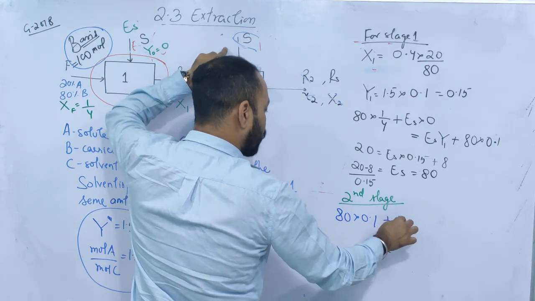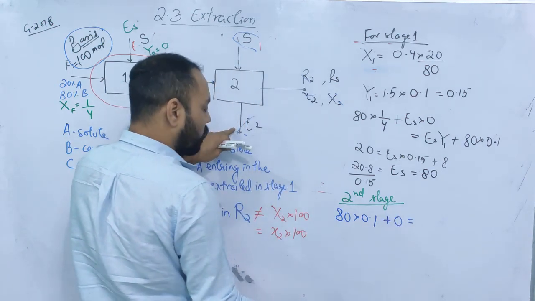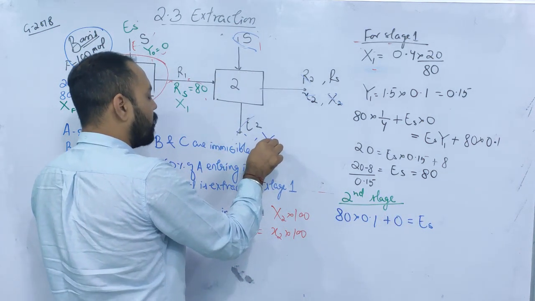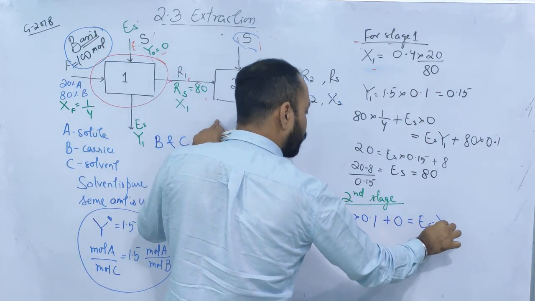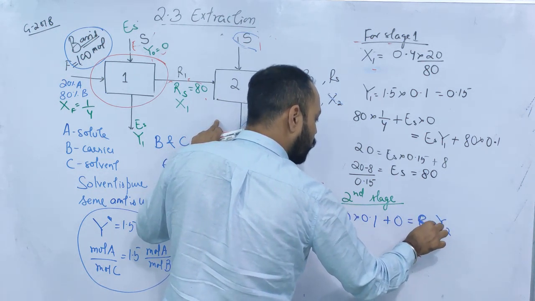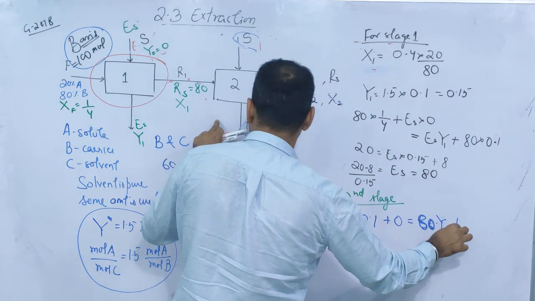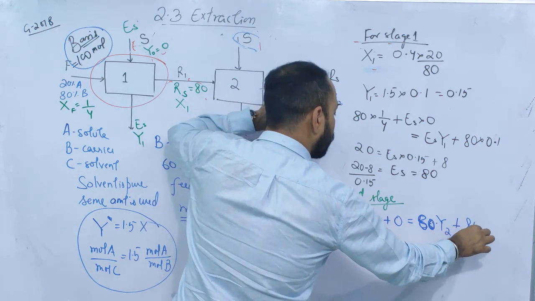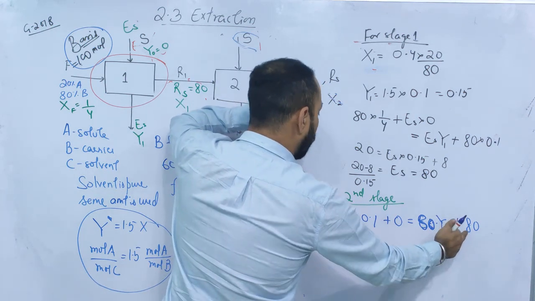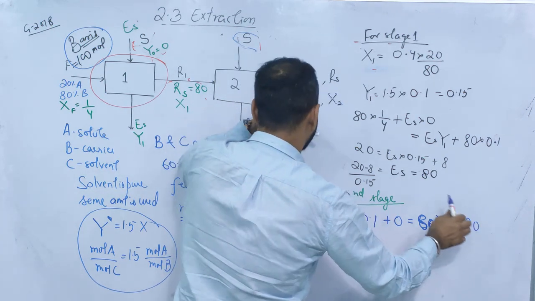So let me write directly equal to 0, is equal to what is leaving from here, that is ES multiplied by, let us write this as capital Y2. So ES multiplied by capital Y2, we already found ES, so let me write here 80 multiplied by capital Y2 plus RS, which was 80. What was RS? Okay, RS was also 80, fine. So RS, which is 80 multiplied by X2.